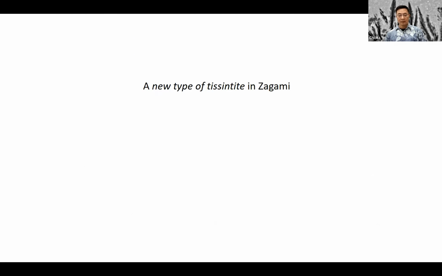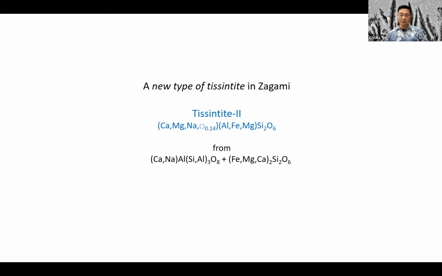Now let's look at a new type of tissintite in the Zagami martian meteorite. I call it tissintite 2, with this formula. This formula is actually derived from this composition. So here is a feldspar composition, and this is a pyroxene composition.